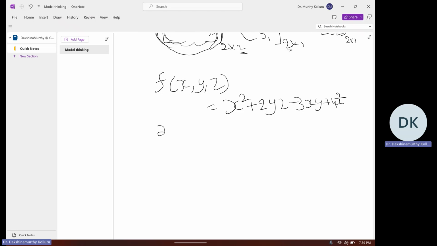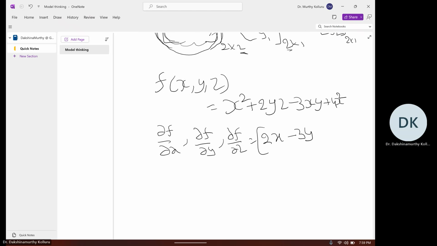I have to compute the gradient, which has dou f by dou x, dou f by dou y, dou f by dou z. Dou f by dou x is 2x, this will be 0, minus 3y. Oh, did I say 2x square plus 4x square?